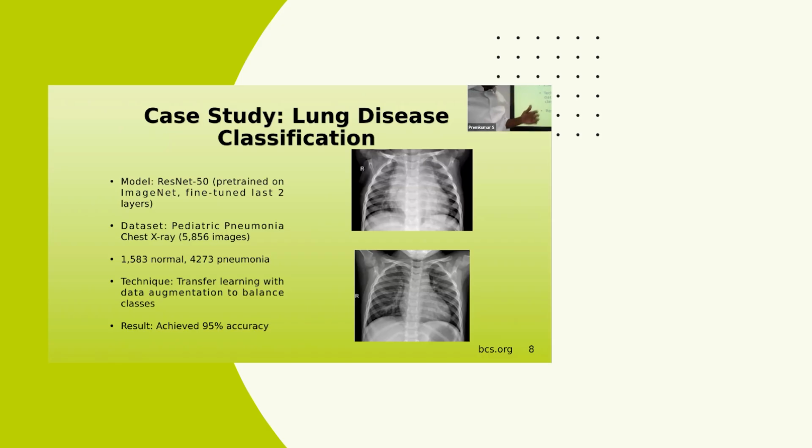The dataset I used was the pediatric pneumonia chest X-ray dataset, which is publicly available. The problem with this dataset was the imbalance in the classes. If you notice, the number of data points for normal cases and for pneumonia are different. If I'm training a model over this dataset, the model will learn more on the dominant class.